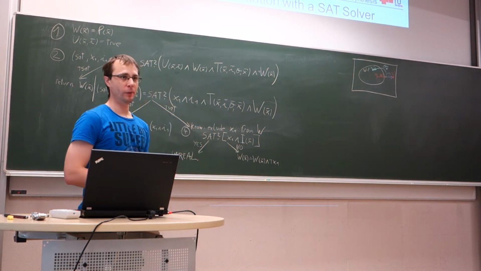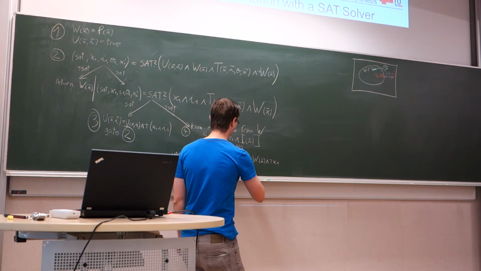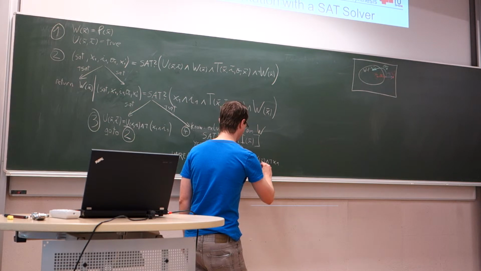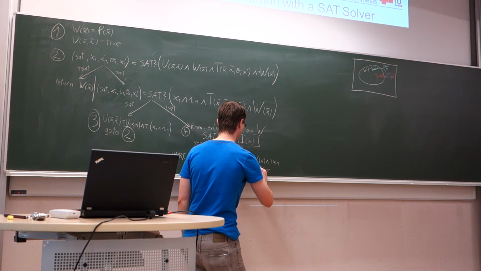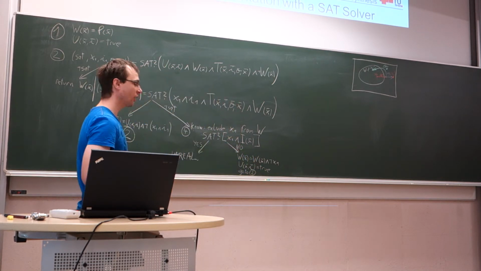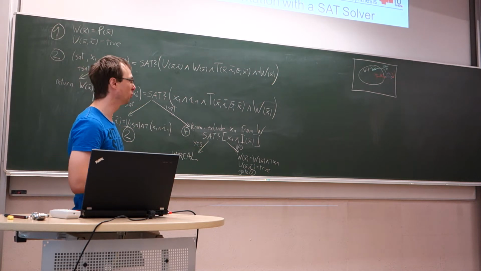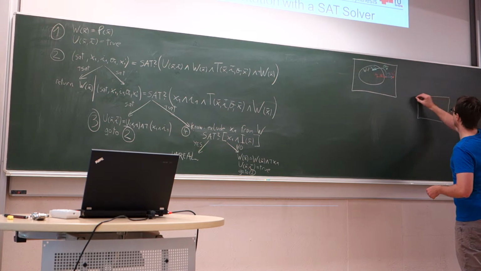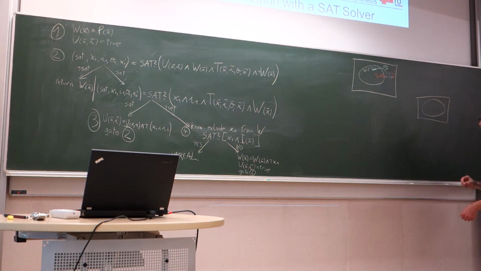When we change our winning region, we also have to reset our u to true. And then go to step 2 again. Why do we have to reset our u? Well, we have our winning region.